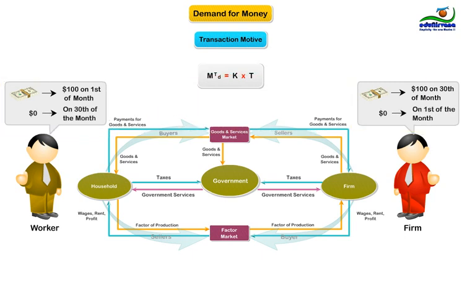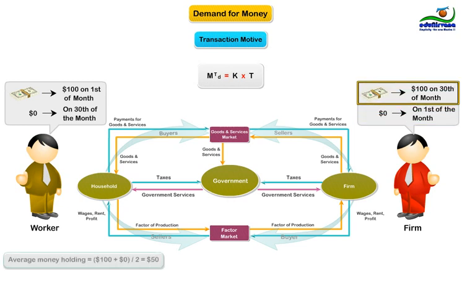And the firm sells its products during the month to pay its workers. The worker's monthly cash balance at the beginning of the month is $100 and at the end of the month is $0, whereas the firm has $0 balance at the beginning of the month and $100 at the end of the month through its sales to the worker.